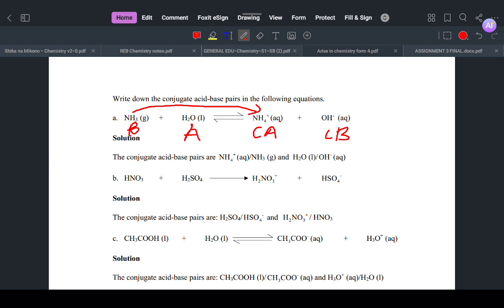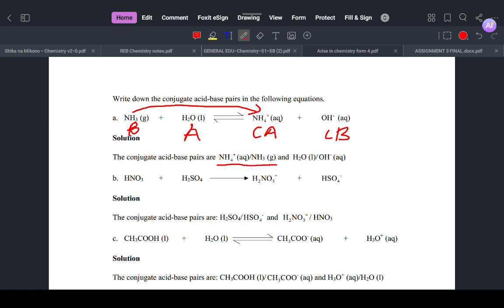So the conjugate acid-base pair in this case is going to be ammonium stroke ammonia. So you can see here that the difference between the two is just one hydrogen proton.